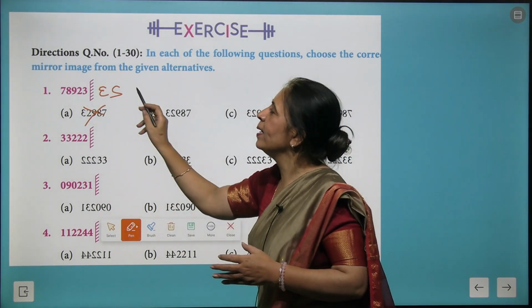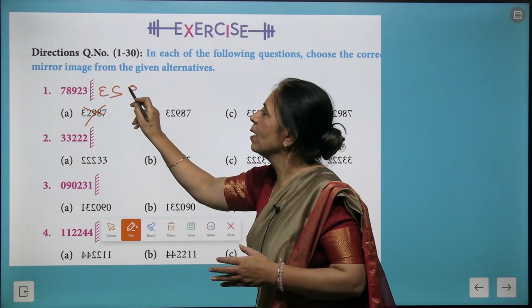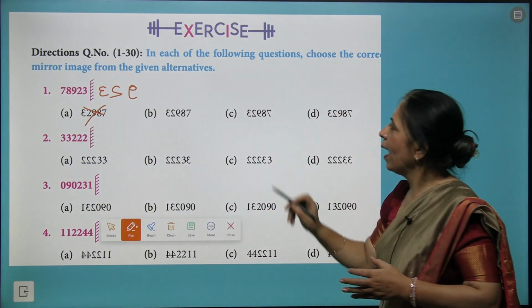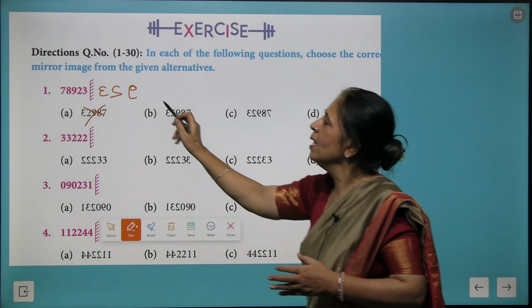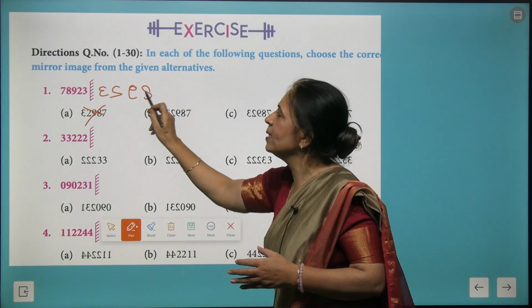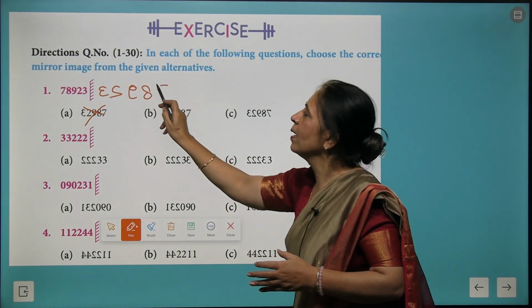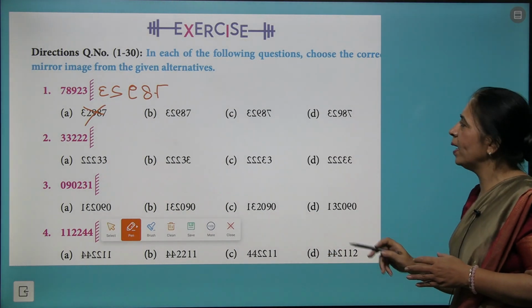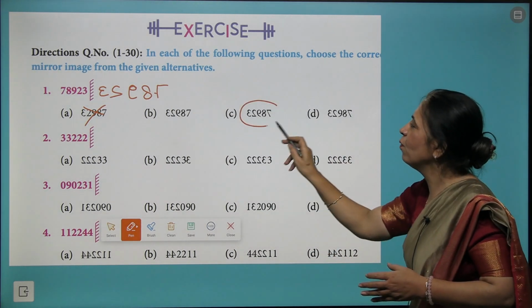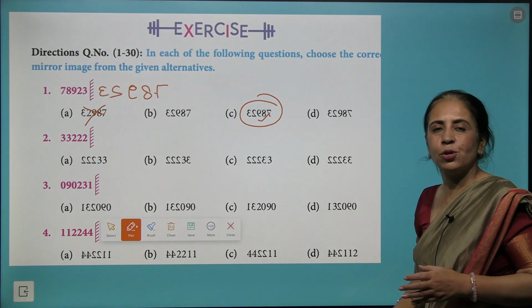Then we make 9. So 9 will come like this, and we could see that we are going in the right direction. Then comes 8, 8 remains the same, and 7 comes like this. So can you help me? What's the right answer over here? Yes, wonderful. This is your right option.